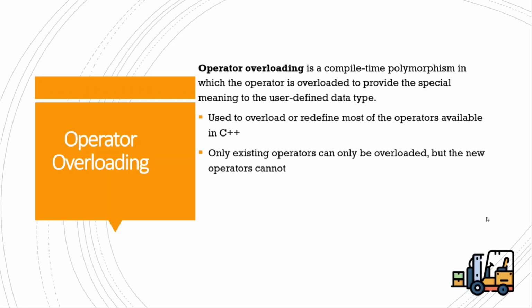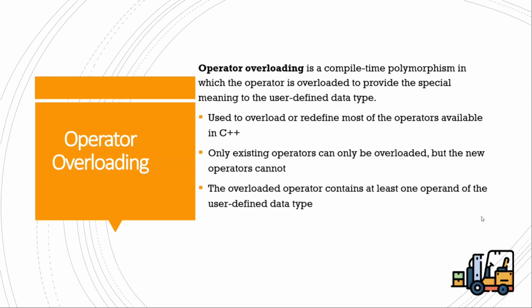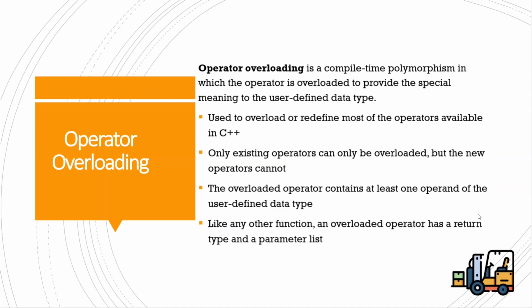So only existing operators can be overloaded and the new operators cannot. The overloaded operators contain at least one operand of a user-defined type, and like with any other function, an overloaded operator has a return type and a parameter list.